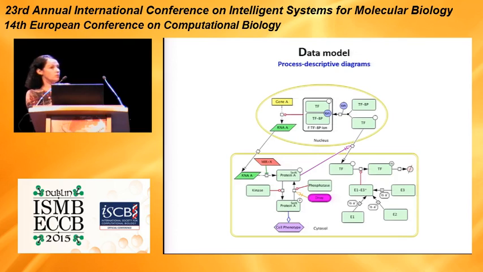The data model that we use in this resource is a process description diagram, showing step by step all biochemical reactions, regulations, and post-translational modifications. This data model also allows us to represent compartments of the cell.